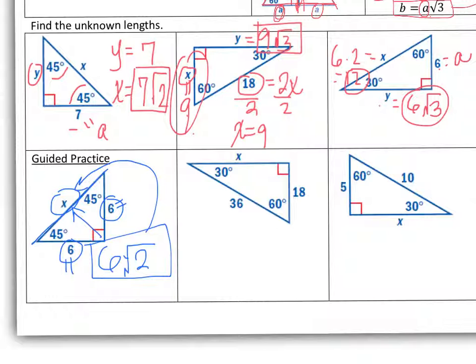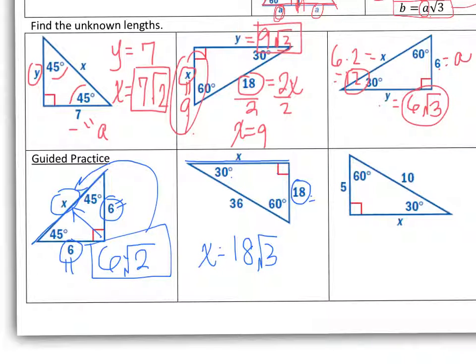Again, for a 30, 60, 90 triangle, if it gives me the length of the shorter leg, and if I have to find the length of the longer leg, all I have to do is take 18 and multiply by the square root of 3.